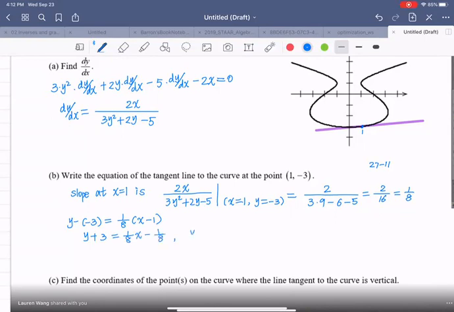Okay. So y equals 1/8 x minus 1/8 minus 3. That's it. Does that make sense?